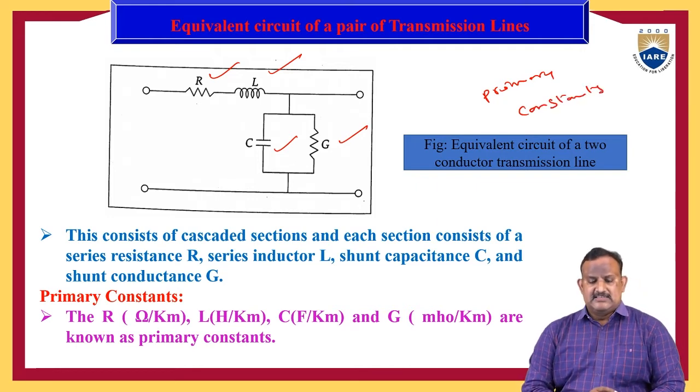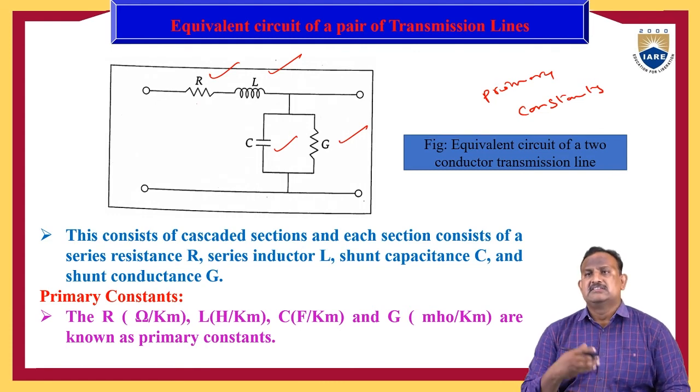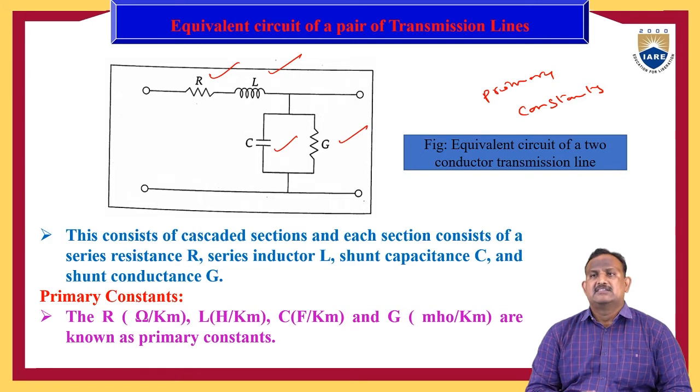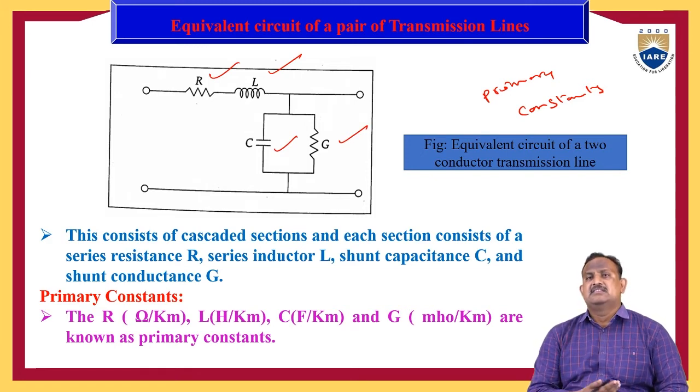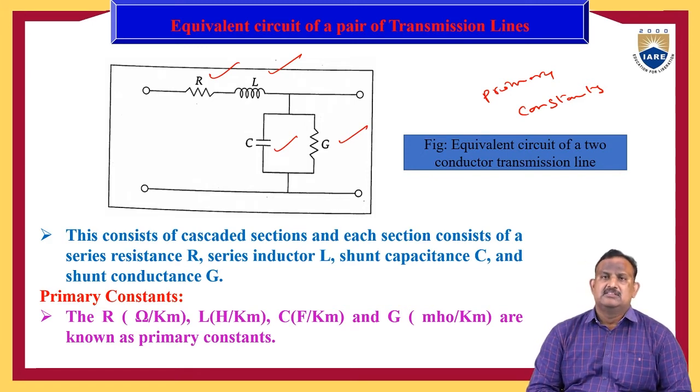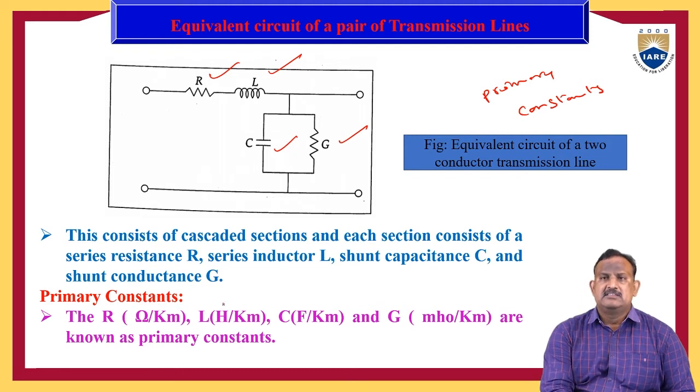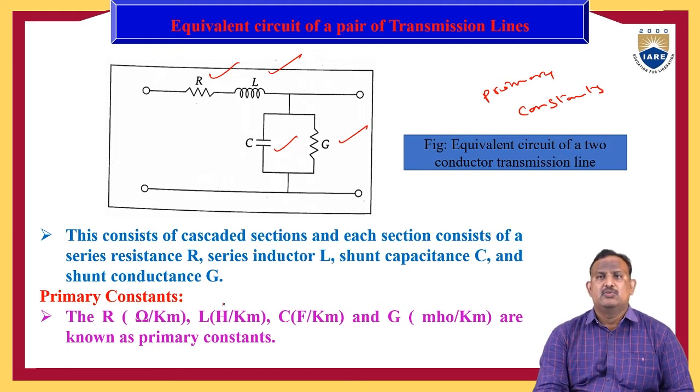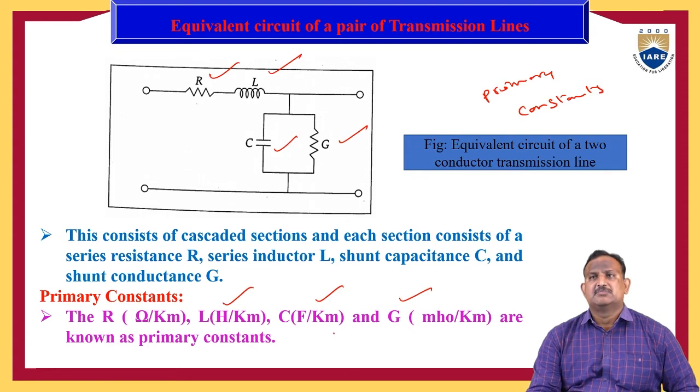The line consists of cascaded sections, and each section consists of a series resistance R, a series inductor L, a shunt capacitance C and a shunt conductance G. The resistance, inductance, capacitance and conductance are the primary constants of a transmission line.